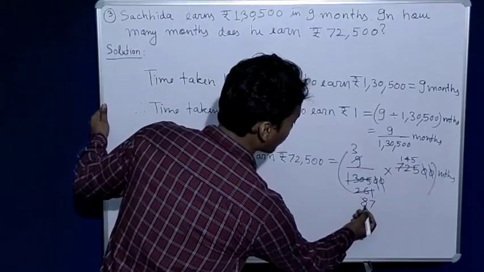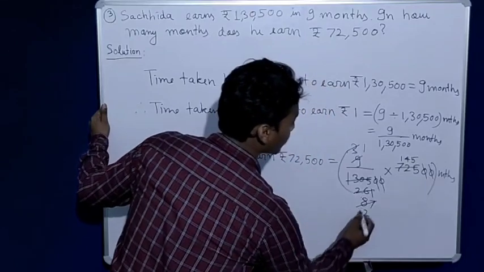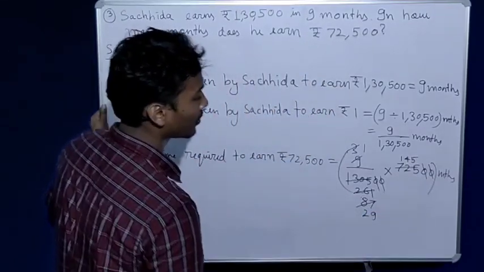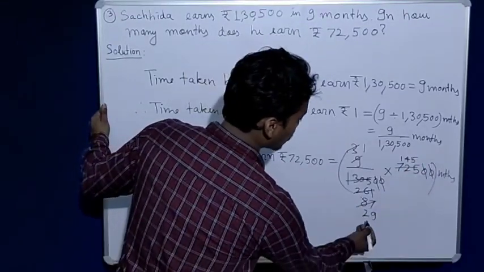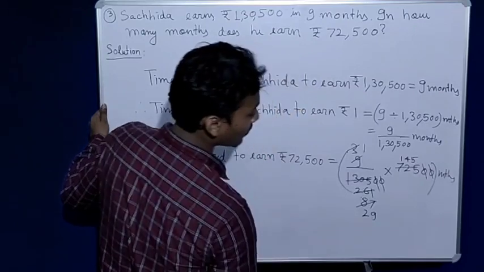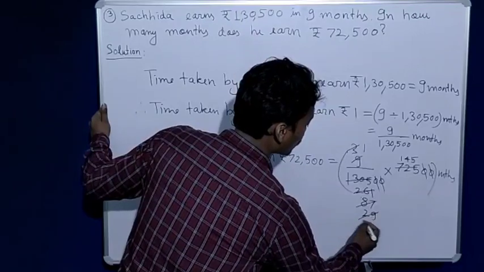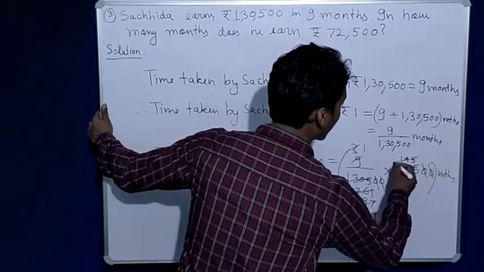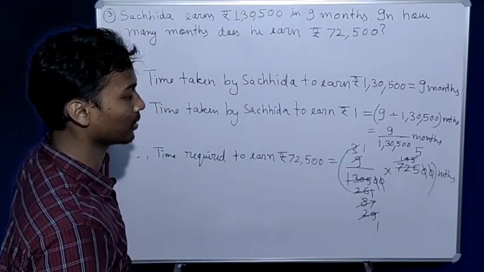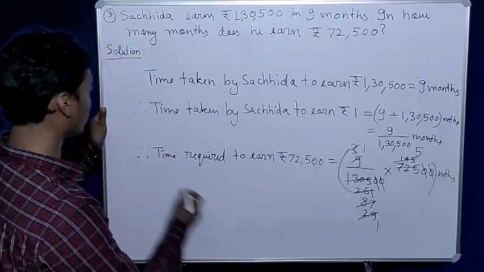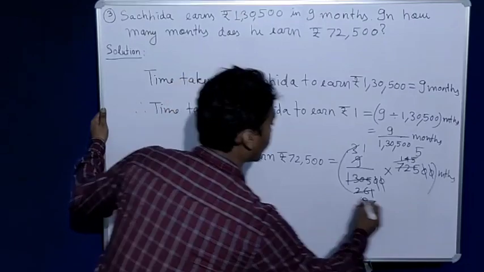Now again we can divide this by 3, 3 1s are 3, 3 2s are 6, 3 9s are 27. Let's see if we can divide 145 by 29. If we multiply 29 by 5, we'll get 145. Clear? So the time required to earn rupees 72,500 will be equal to 5 months.